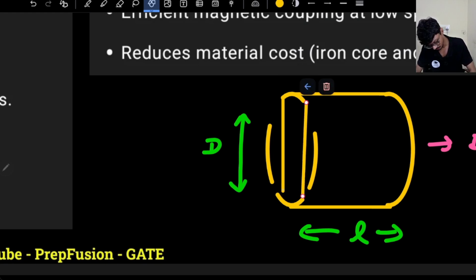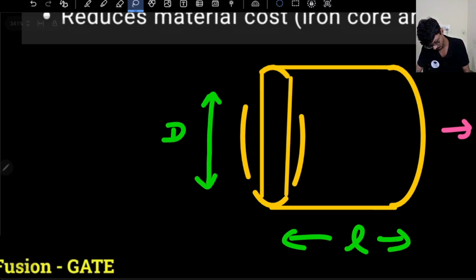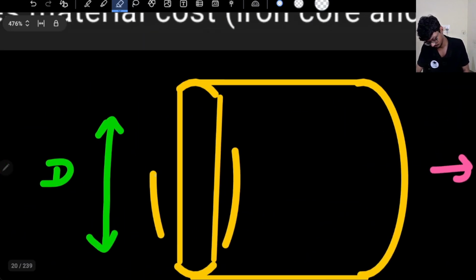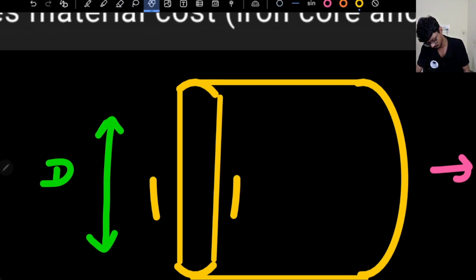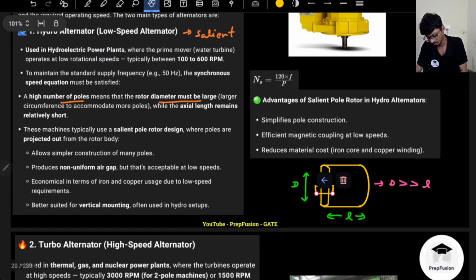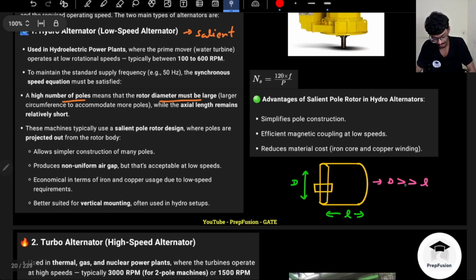There will be more poles, but the diameter will be higher here. Okay, so just drawing it for the sake of it, just to explain you, diameter will be higher than the length basically, dimension wise the comparison, right?